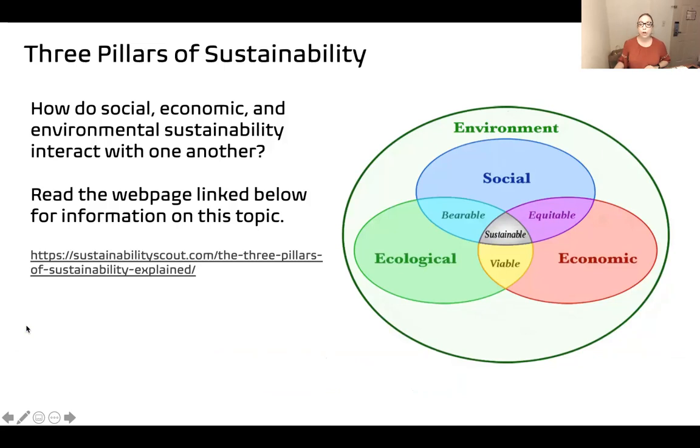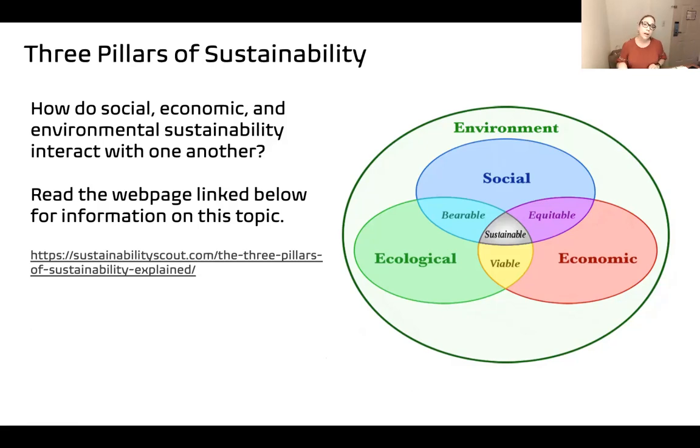Now, your final learning objective is to determine how these three parts of sustainability fit together. So it's just a reminder, we have social sustainability, which refers to infrastructure, schools, grocery stores, equity, right?